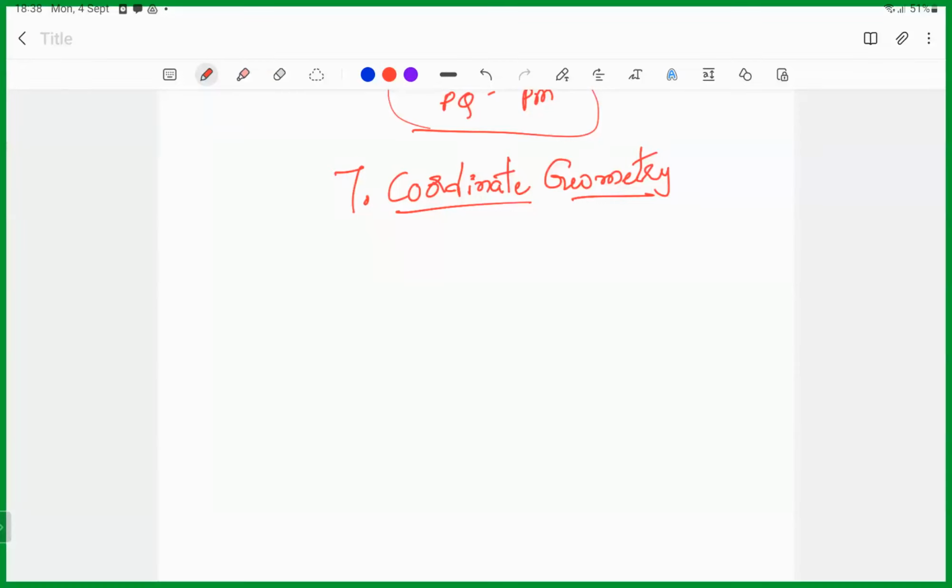But then you can measure the distance between the 2 points, and you can measure the area under the curve. Let's say this is the curve. You can measure the area under this one. And you can measure the distance between the 2 points or any number of points.